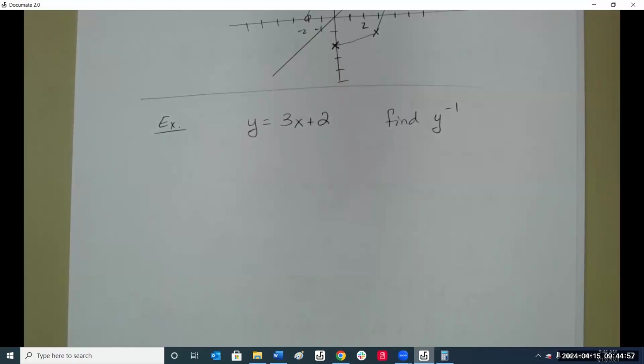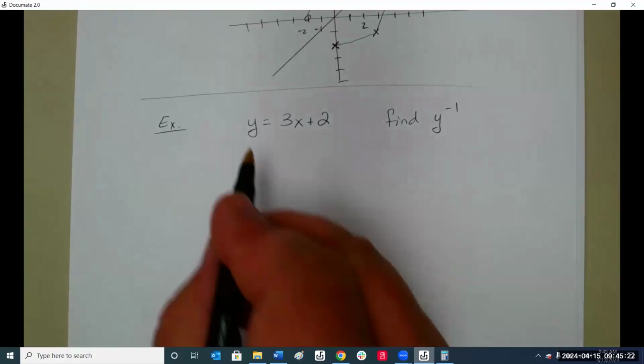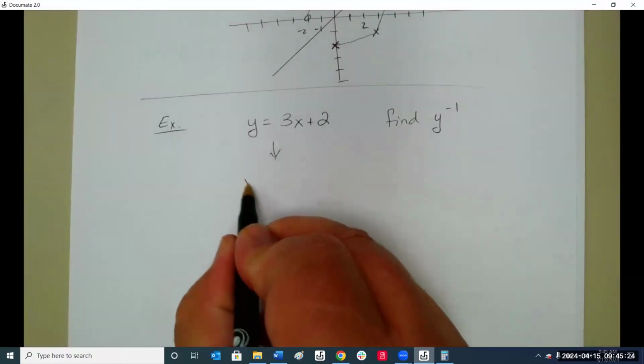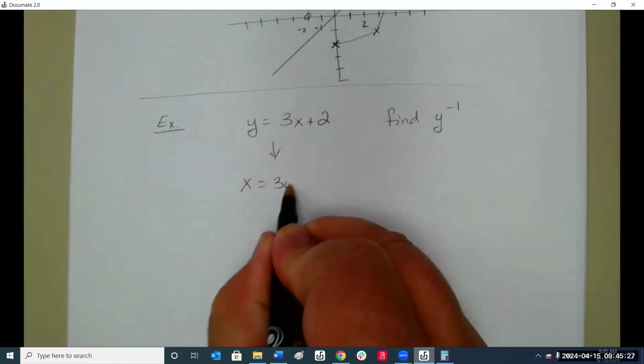How do we find the inverse if I give you a set of numbers? Not signs. What are we flipping? Yes, what do the numbers represent? You're getting close. What do we do for our graph? How do we get the inverse of it? Switched what? Switch x and y. Yes. So the first thing we do is switch x and y.